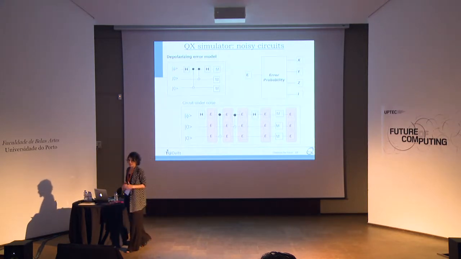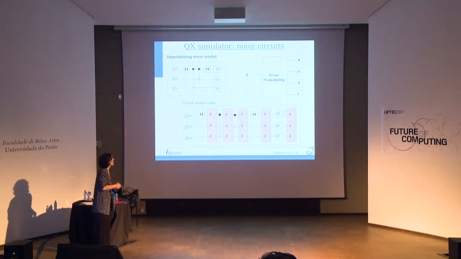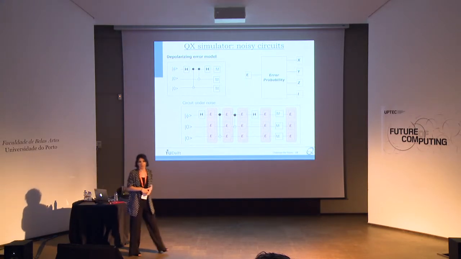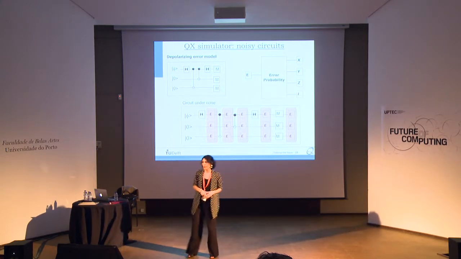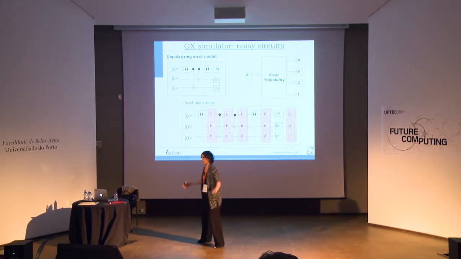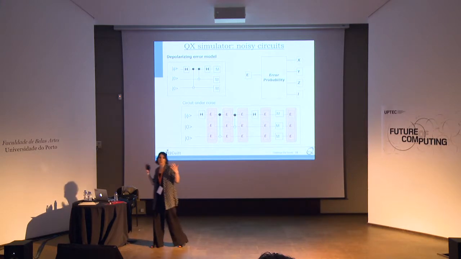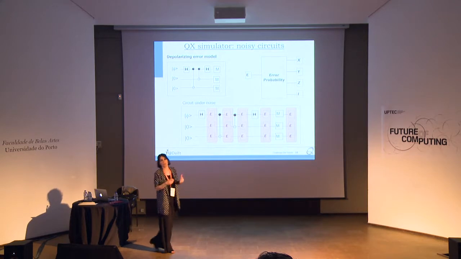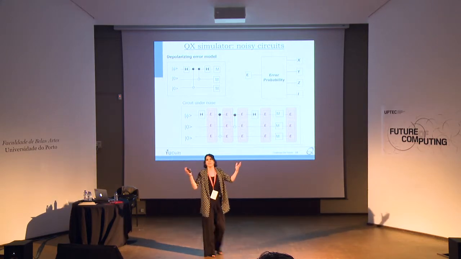The depolarizing error model discretizes the errors into X, Y, Z, or no error. After each gate, you apply these errors with a specific probability that you have defined, okay? So when you run your circuit without errors, you should get the result that you expect. If you use the depolarizing error model, you will get something different. Yeah, question.